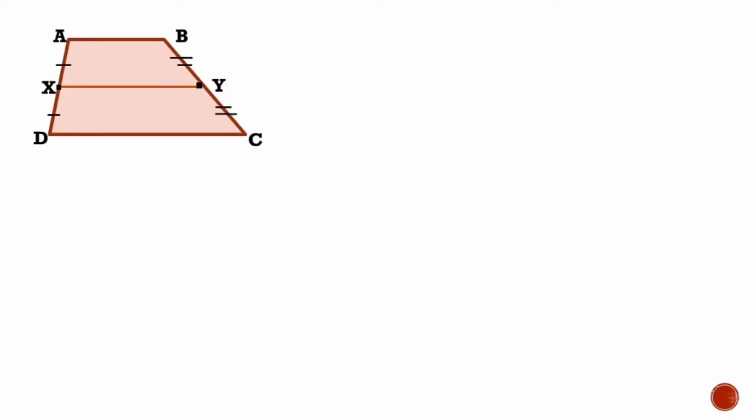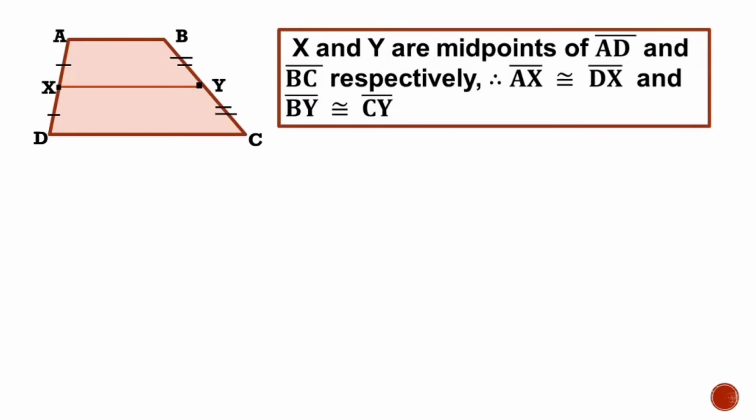Let's have some applications. Given trapezoid ABCD, point X and point Y are midpoints of segment AD and segment BC respectively. Since point X is the midpoint of segment AD, then segment AX is congruent to segment DX.